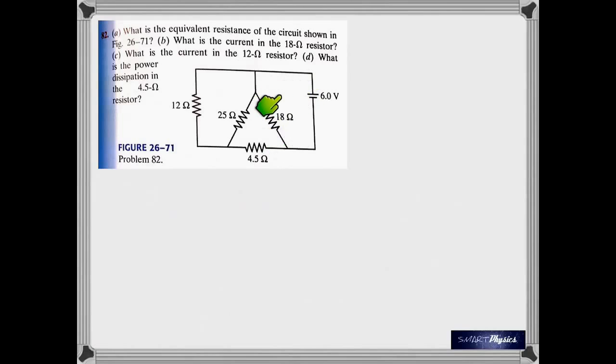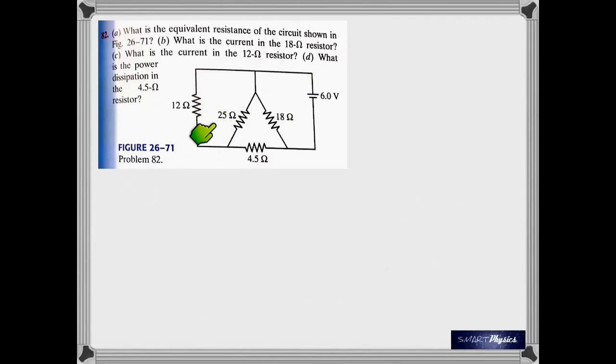That'll give you the current through 18 ohms. And then when this current flows and reaches this junction, it's going to divide into two, one part through this, second through this. Therefore, we know that the current flowing through 12 and 25 are not equal. Therefore, they are in parallel with each other.